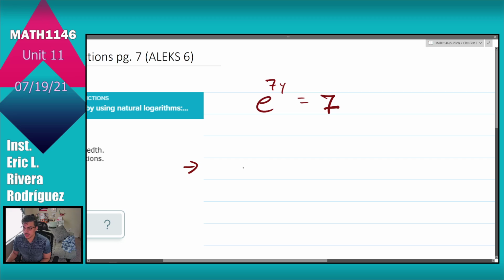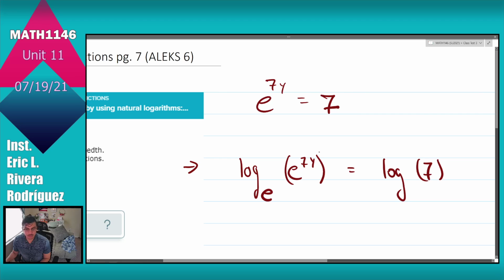What we are going to do is just to use the logarithmic function on both sides of the equation, and the base of that logarithmic function is going to be the same base of the exponential operation that I want to eliminate. The one that I want to eliminate is e raised to the power of 7y.